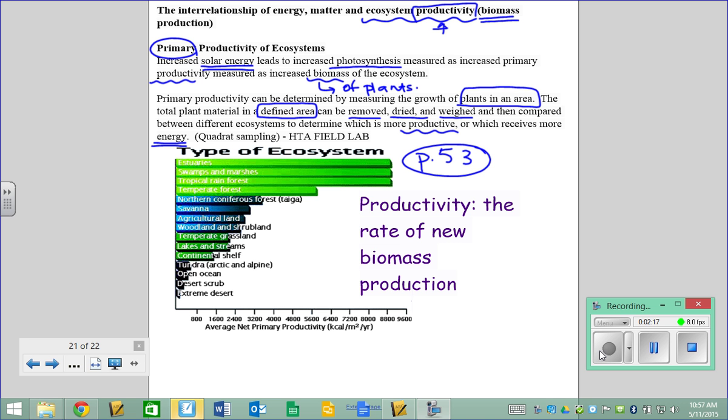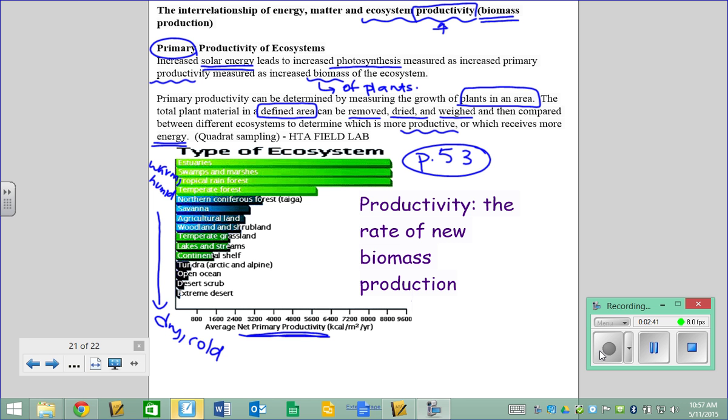The idea that I want you to recognize is that these ecosystems at the top that have high productivity are usually warm and humid. And as I move downwards towards ecosystems that have low productivity, they are usually the ones that are dry or cold, or both dry and cold.